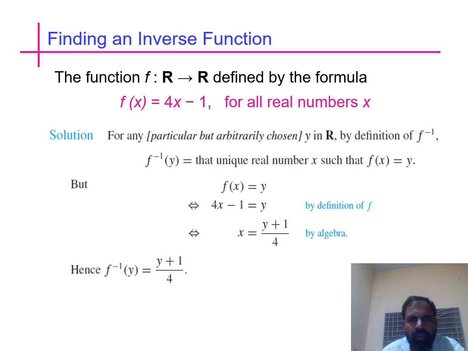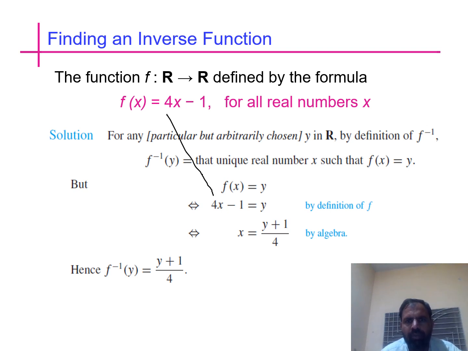Here the function f from R to R is defined by the formula f of x is equal to 4x minus 1 for all real numbers x. For any particular but arbitrarily chosen y in R, by definition of f inverse of y, that is the unique real number x such that f of x is equal to y. But f of x is equal to y, it means 4x minus 1 is equal to y. We put here this value.